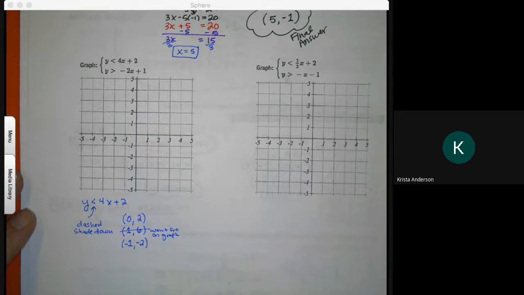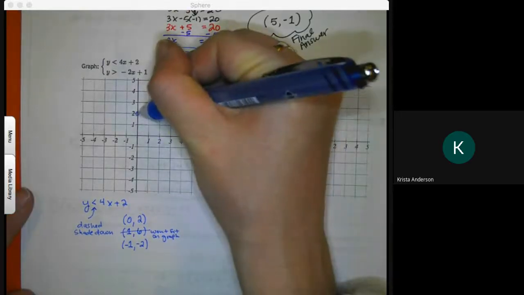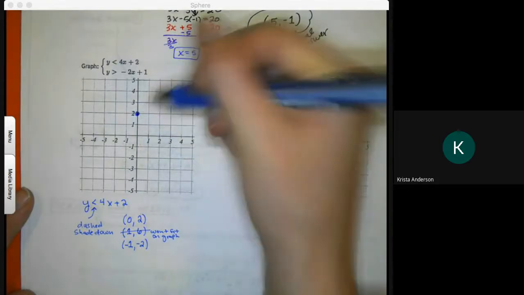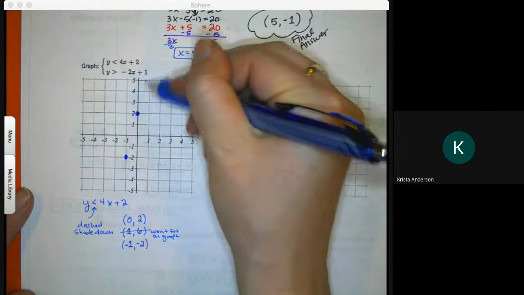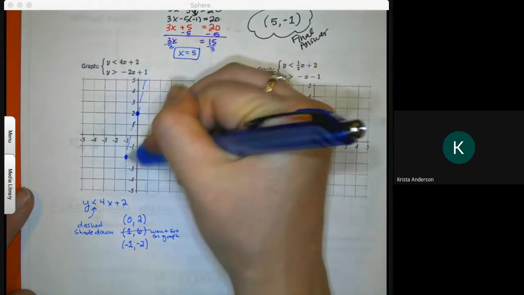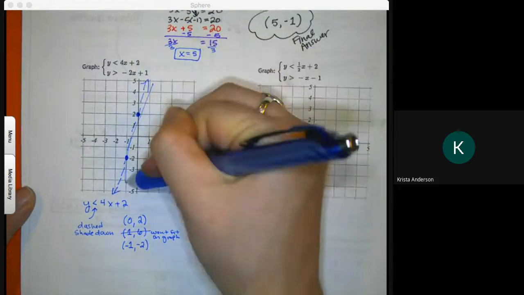Won't fit on graph, that's why it didn't work. So 0, 2, click. -1, down 2, click. Dashed line. Shade below.